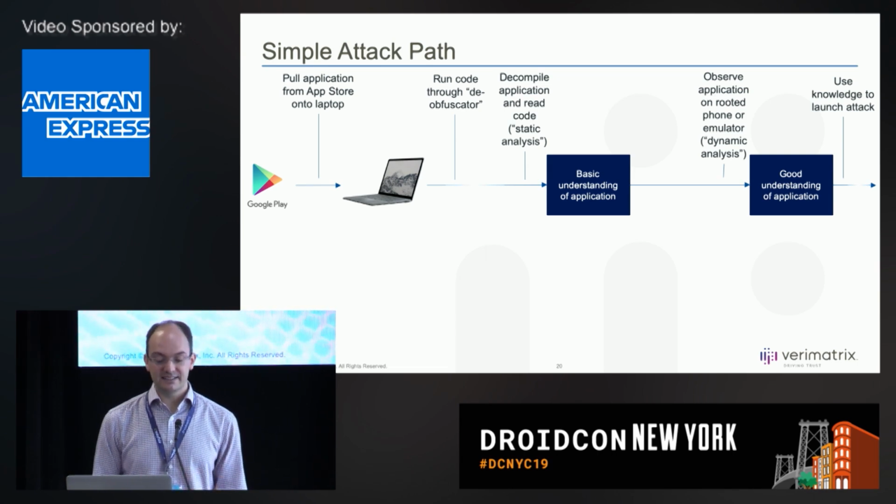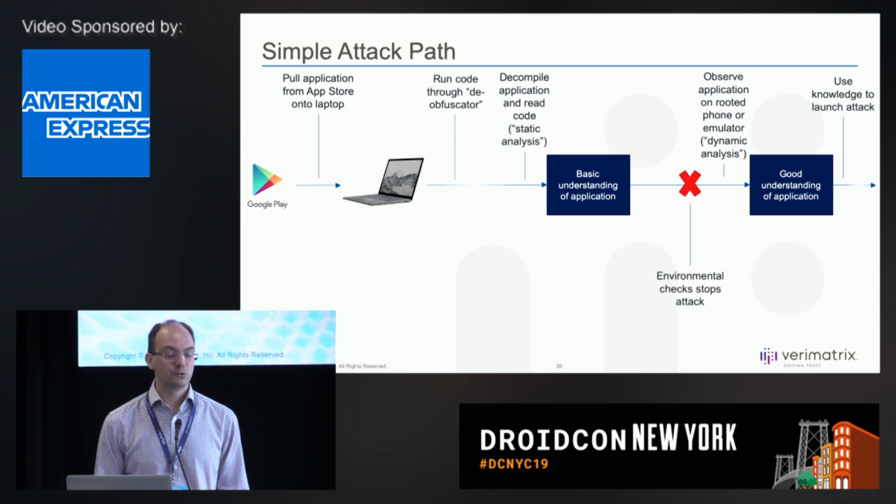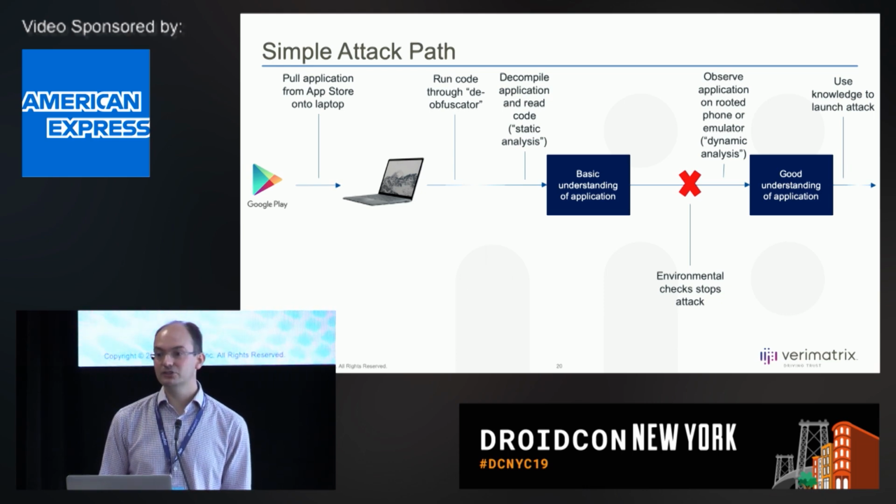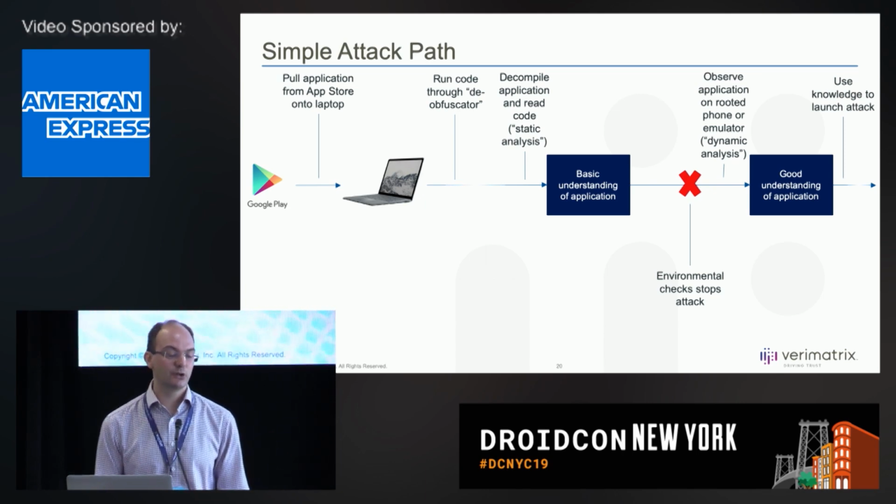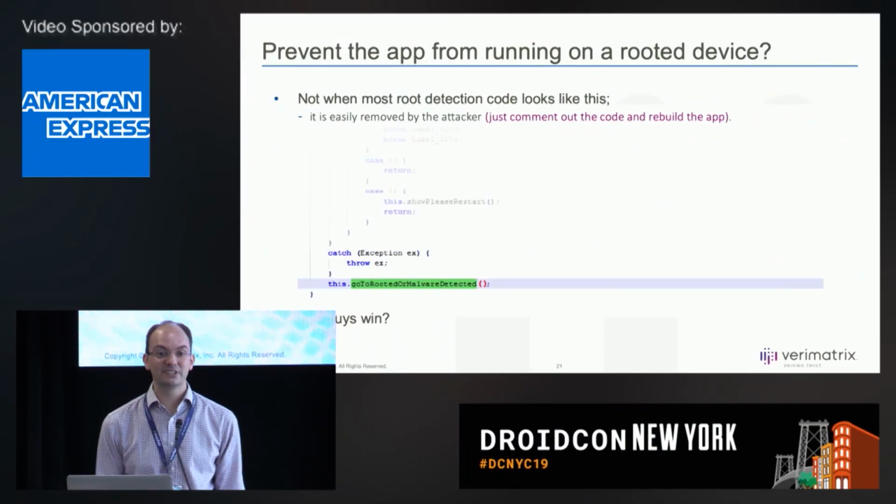If we look at the dynamic analysis, what a lot of people do is they'll put environmental checks into their code. They'll look for signs that the application is running on a rooted phone, or it's running on an emulator, or someone's attached a hooking framework to it. It's good, it helps, but once that code's deobfuscated, we can see highlighted in green, we've got the call to: is this device rooted?